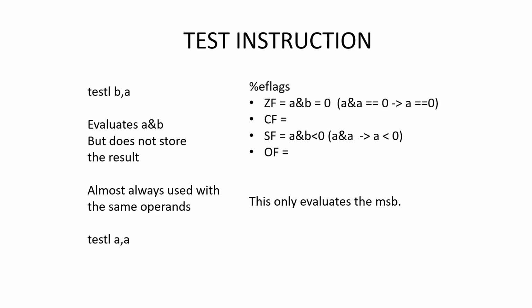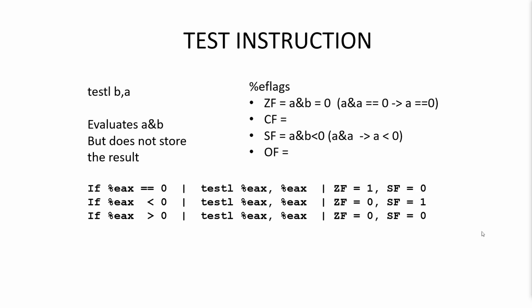If they're both equal to 1, as in they're both negative, then this is going to evaluate to 1, and we will set the sign flag. And again, these are almost always used with the same operand. So A and A, if this is a negative number, that sign bit will be a 1 in both cases. The AND operator gives me a 1, and so I can use this to say that A is less than 0. So it's just a quick test for something that's negative.